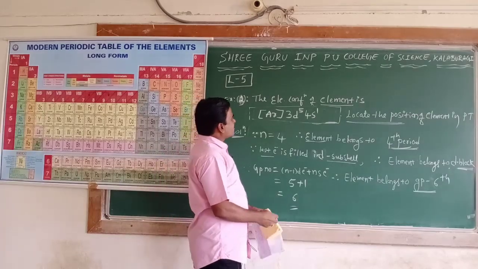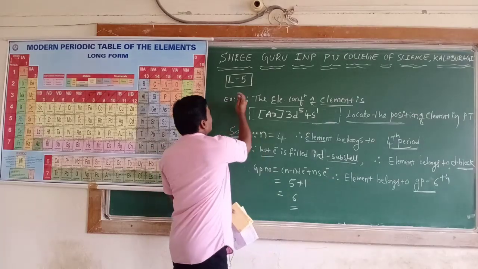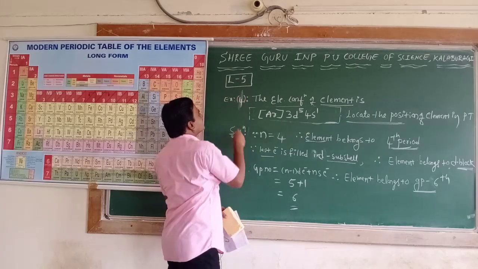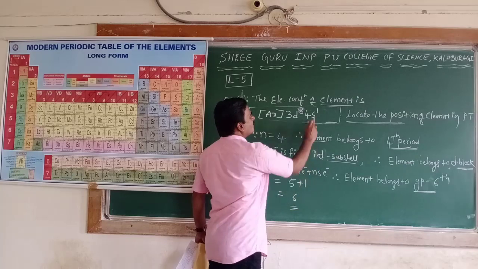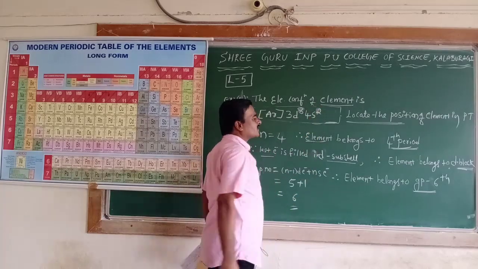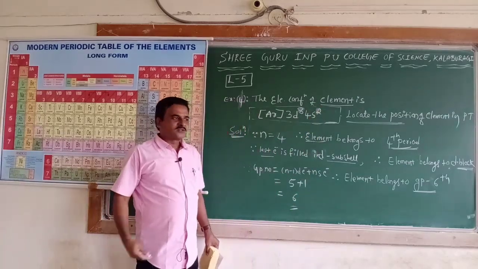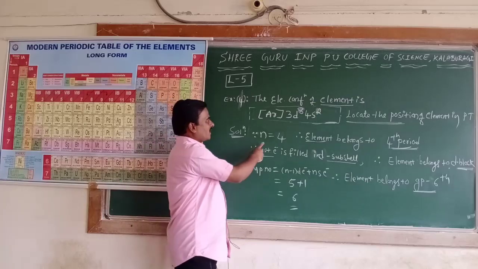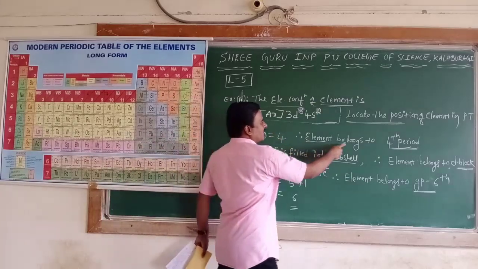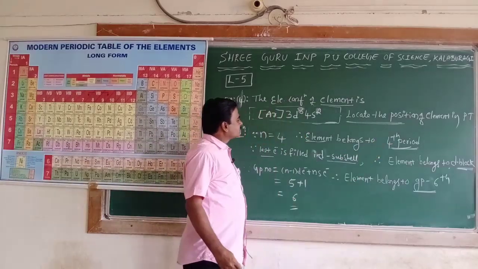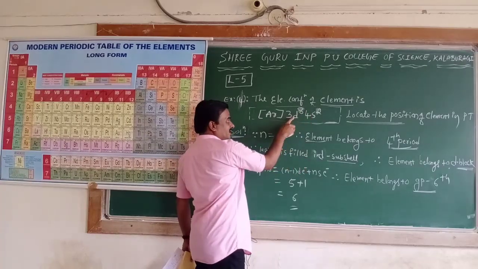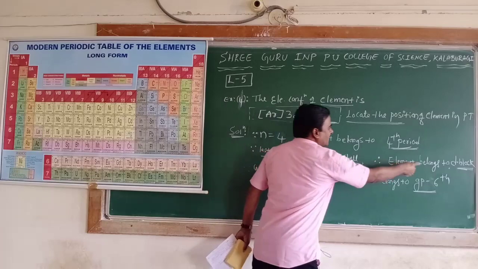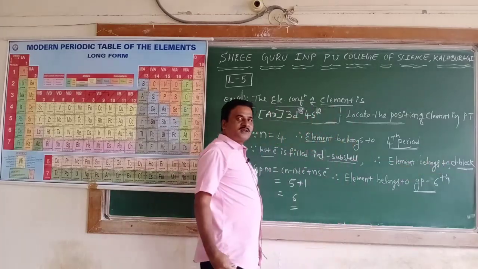If I change it slightly, example number 4: 3d8 4s2. Now practice. The n value is 4, so the element belongs to the 4th period. Since the electron is entering not in the s but in the d, the element belongs to the d block.